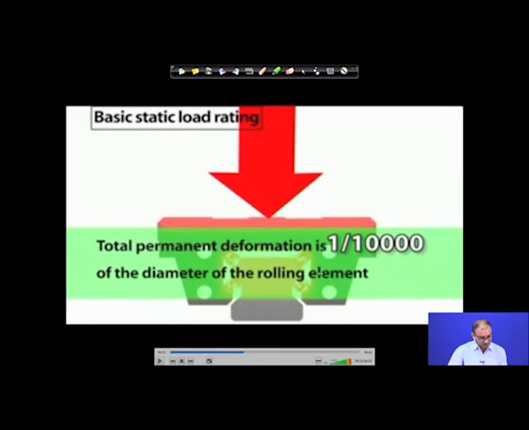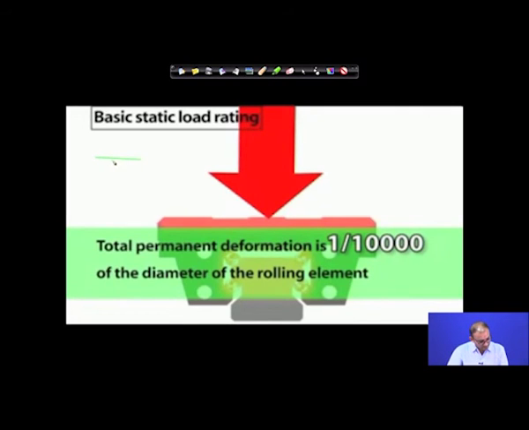Why do we consider the rolling element diameter? Because we know that this ball plays an important role here. If it deforms, it means there is some type of deformation: either it is not circular now, or it has some worn component from another location. Now your ball will be something like this, so it is not completely in contact with this part.